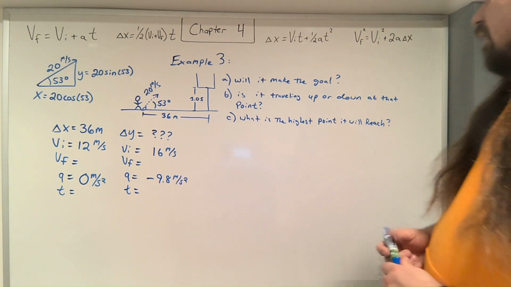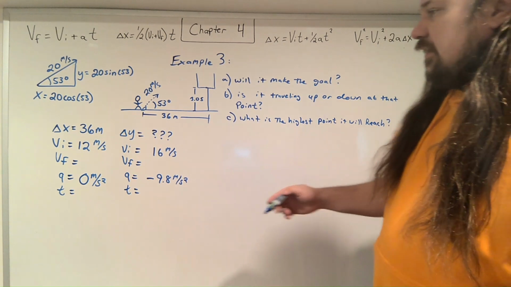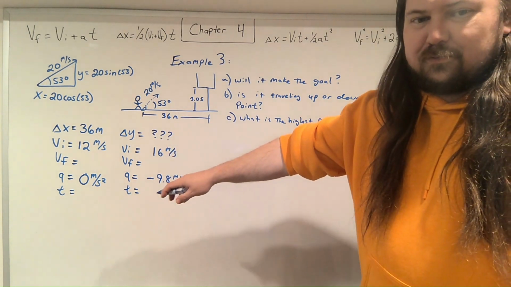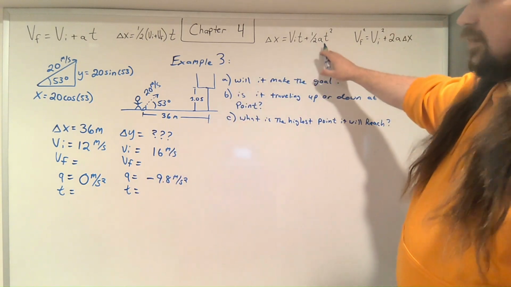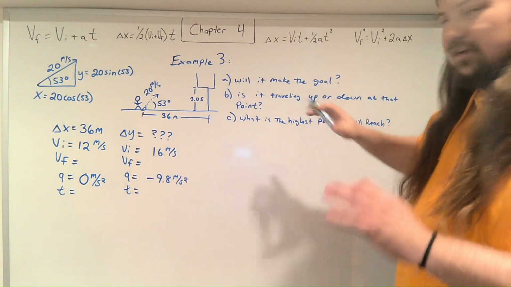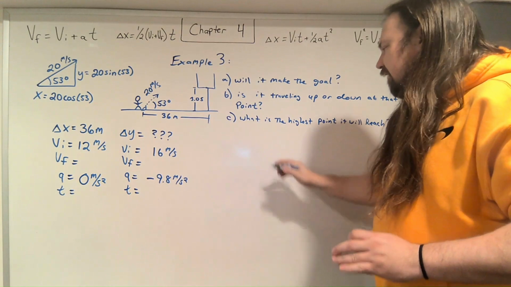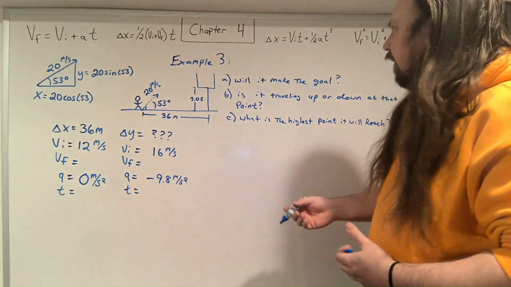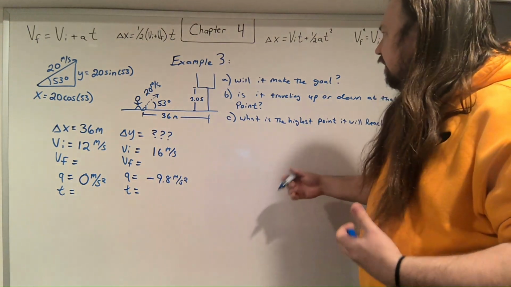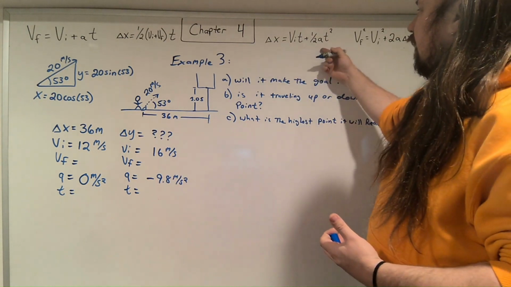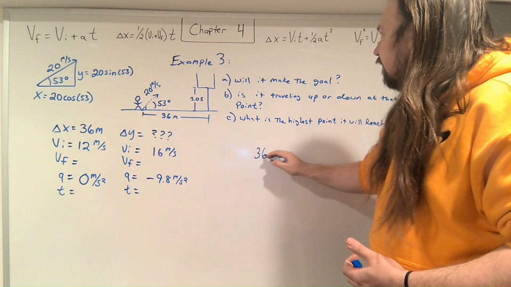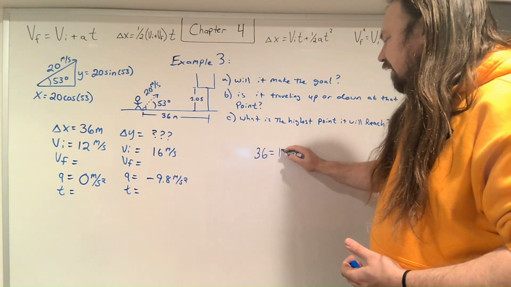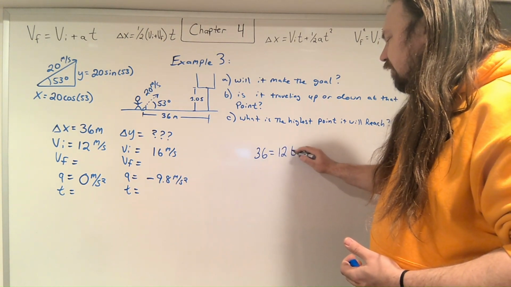All right. So let's look. If the thing I want to now solve for is time, and I don't care about VF, that brings us up to our third equation, which can always get a little bit messy depending on if we have quadratics or not. So let's try it. Let's plug in. My change in x, if I'm on the x side, is 36. My initial velocity on the x side is 12.